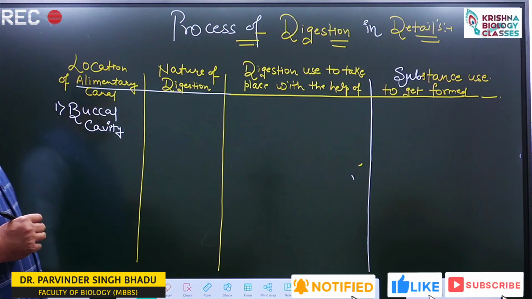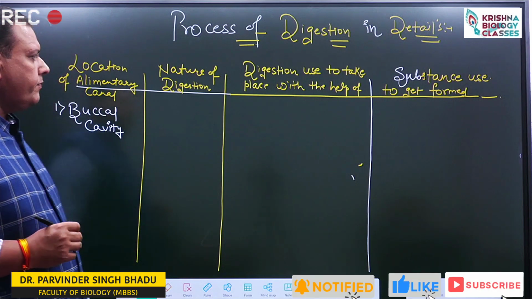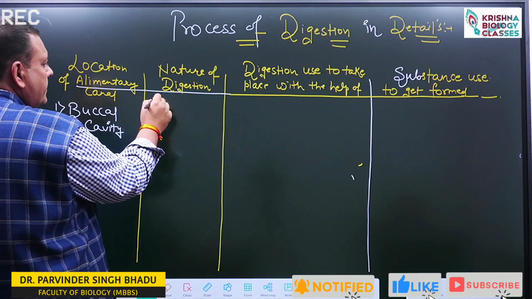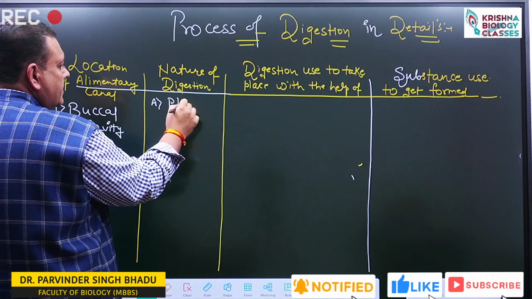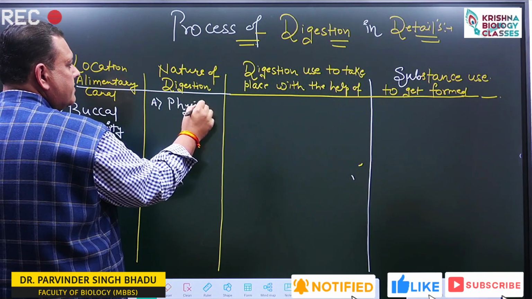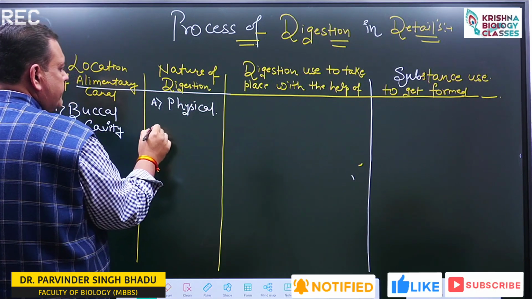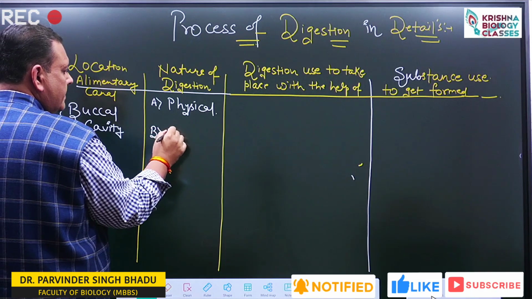Inside the buccal cavity, both natures of digestion take place, physical as well as chemical.